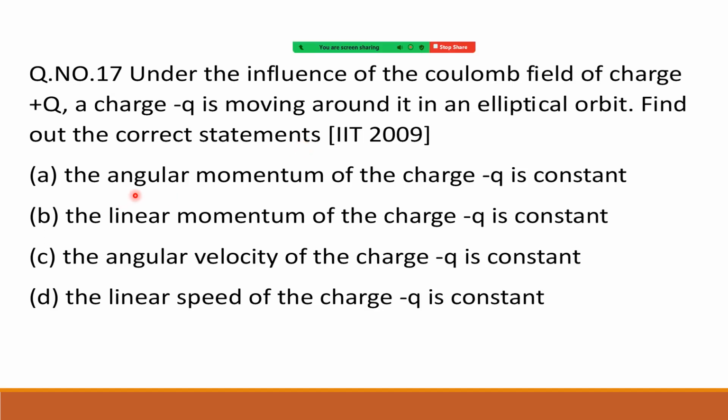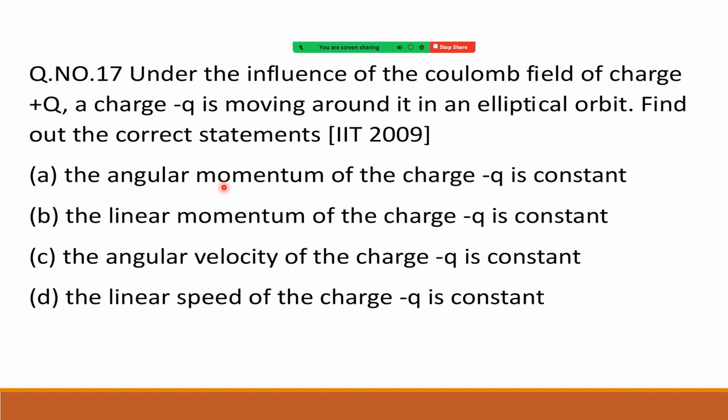First one, the angular momentum of the charge minus q is a constant. Linear momentum of the charge minus q is a constant. Angular velocity of the charge minus q is a constant. Linear speed of the charge minus q is constant. Regarding angular momentum, linear momentum, angular velocity, next, linear speed.